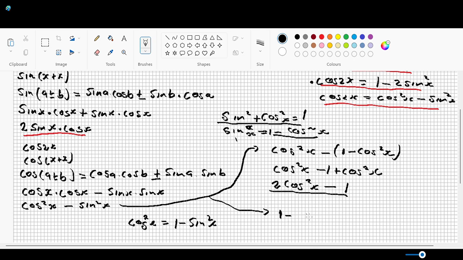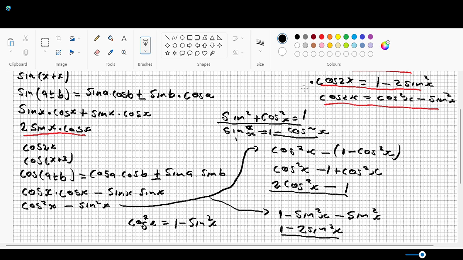So it's going to be 1 minus sine squared x, then minus sine squared x. Remember, we have minus sine squared here, and from there we have negative sine squared x and another negative sine squared x, and they're gonna add up and give you negative 2 sine squared. So when you write this, you're gonna write it like 1 minus 2 sine squared x. So this is gonna be your third one here.